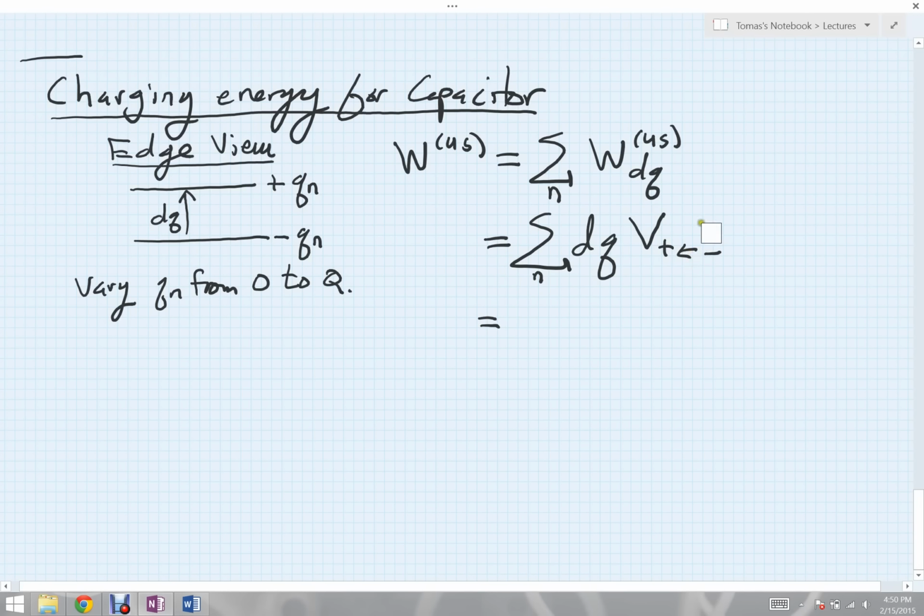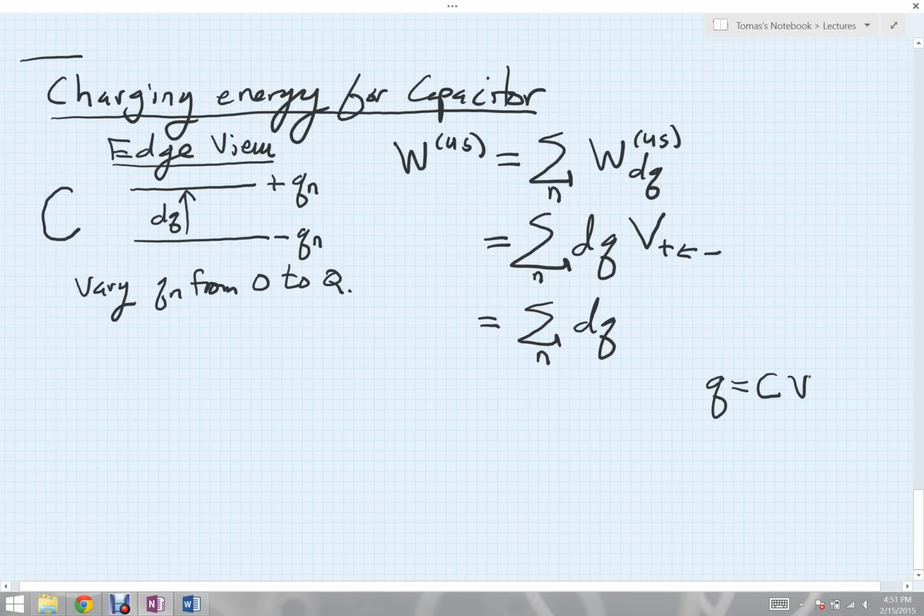Now, we know something about this voltage. We're given a certain capacitor, so it's reasonable to say that we've worked out somewhere else the actual value of the capacitance. So I'll write C here to represent that value. That's useful because the voltage from the minus to the top plate we know from our terminal characteristic. Remember that for the capacitor, the amount of charge Q at any time is equal to the capacitance times the voltage.